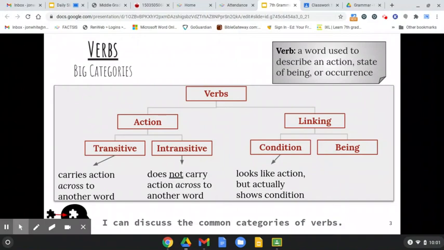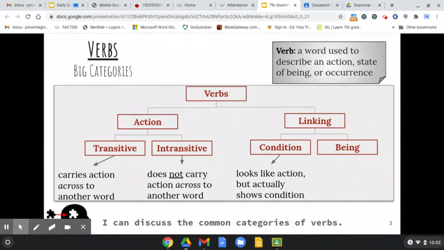However, you could also say, the pizza tastes good. Now, there's a difference between those two statements. I taste pizza. Pizza tastes good. In the first one, I'm doing the action. In the second one, the pizza is not doing that action, right?